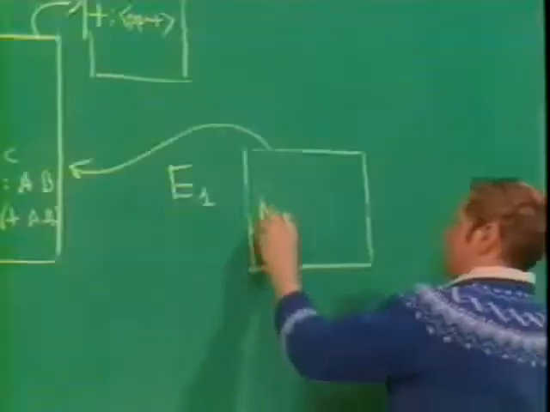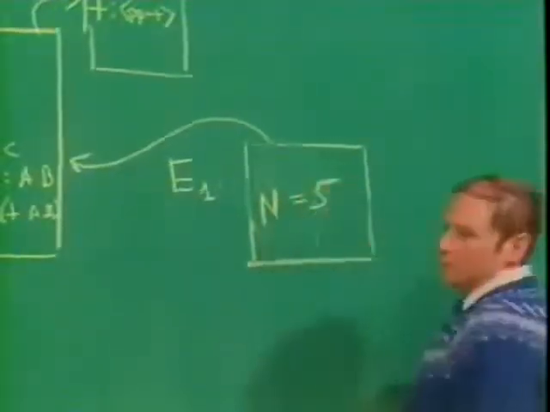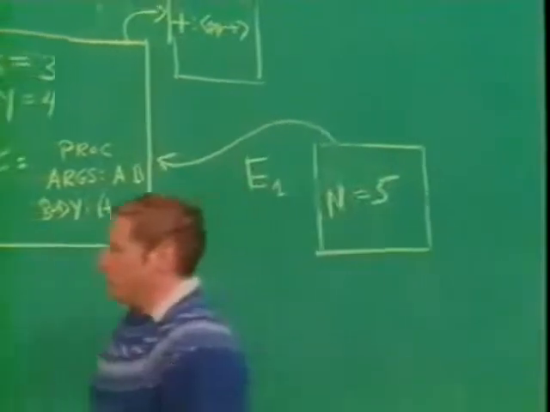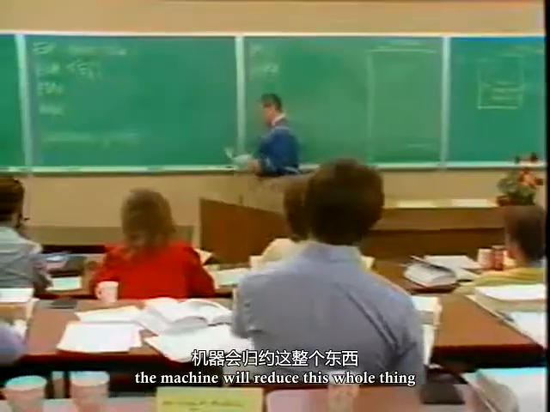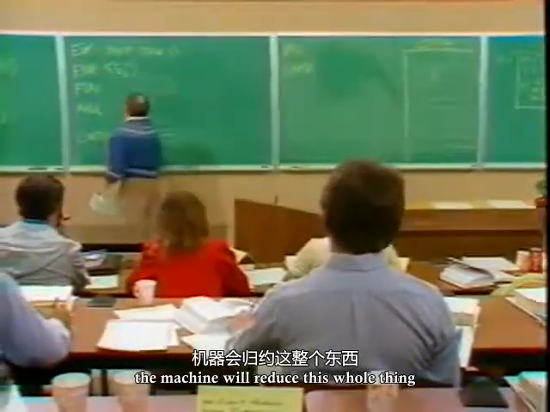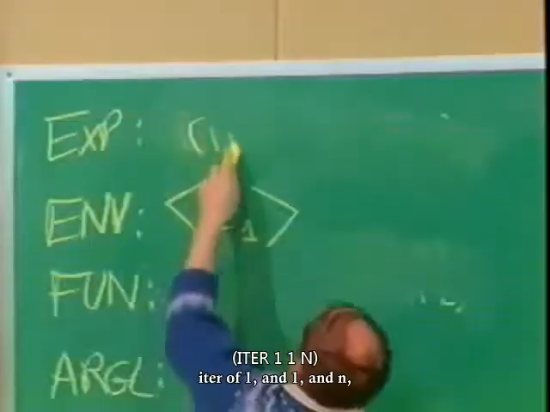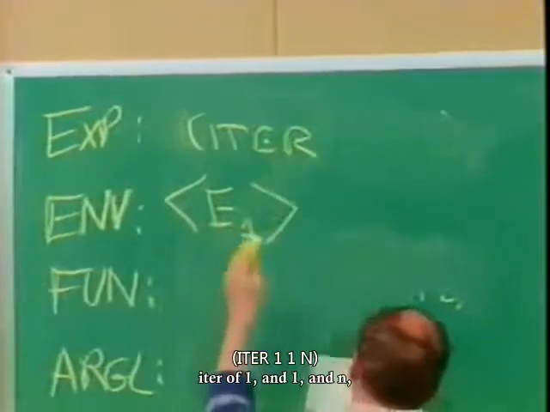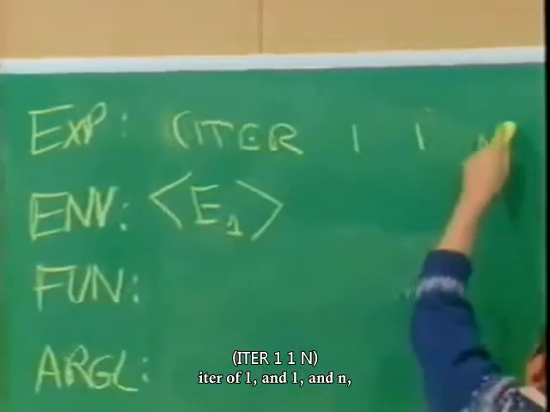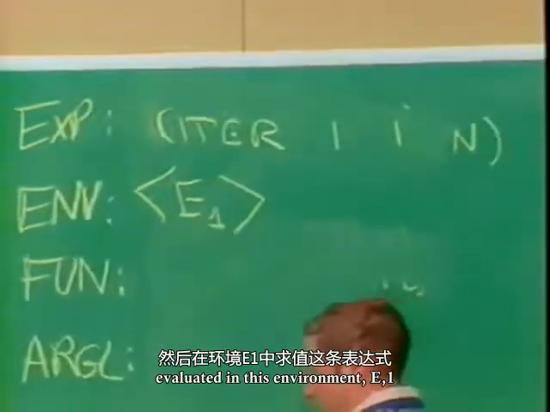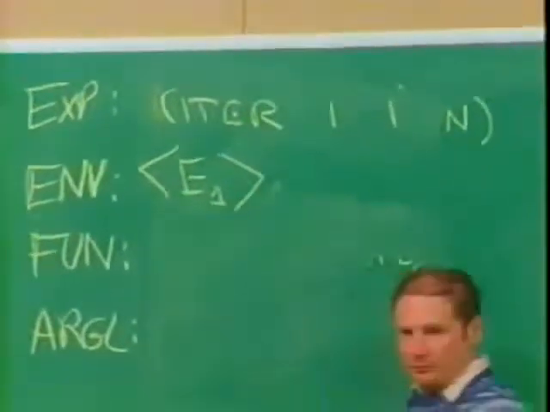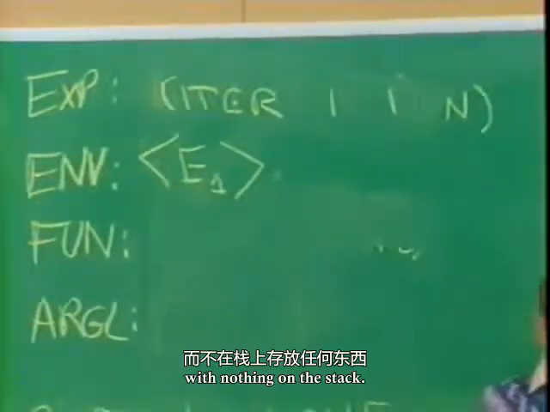Let's call that E1. And at some point, the machine will reduce this whole thing to that's really iter of 1 and 1 and n evaluated in this environment E1 with nothing on the stack.